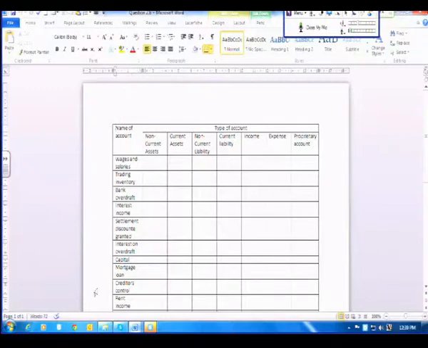All right. So what we already have here, can you say you remember non-current assets? We spoke about them. You remember them. Current assets. You remember current assets. And non-current liabilities. You remember them. And we've got current liabilities. All right? You remember them. Your income and expense.